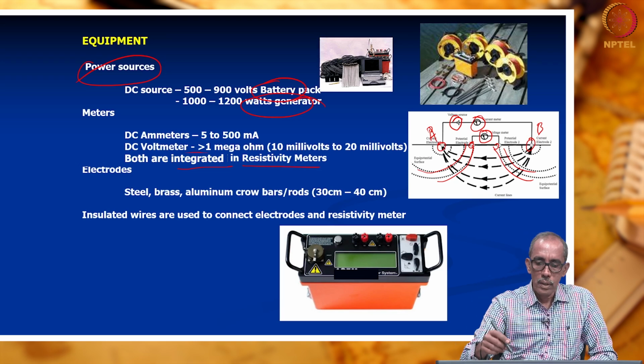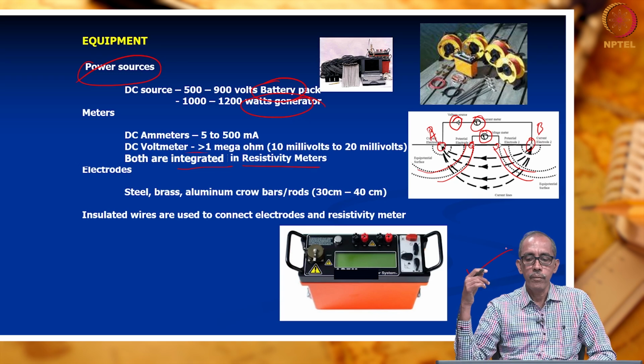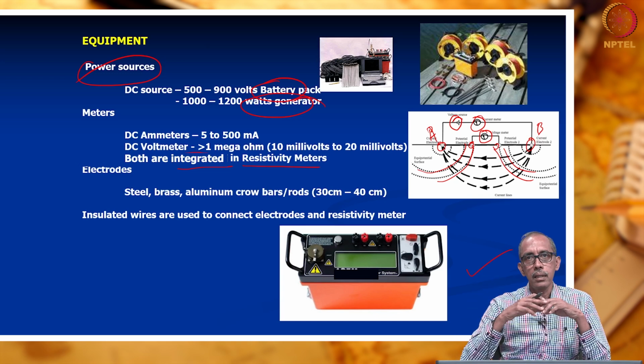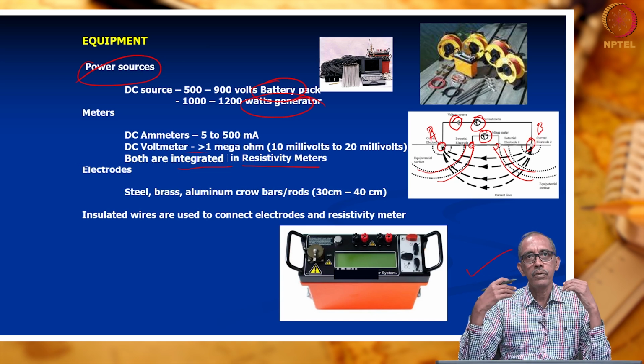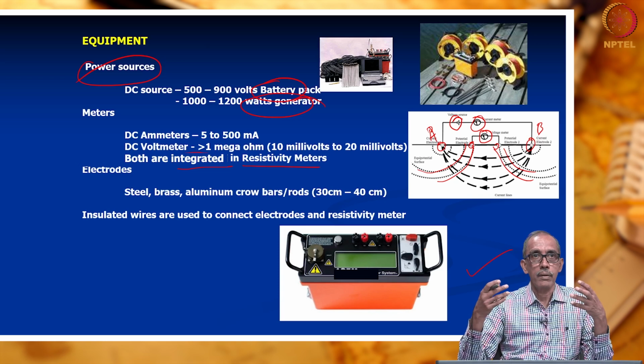You can see a picture of a very popular resistivity meter. In a resistivity meter, we literally don't know where the ammeter and where the voltmeter is. Both of them are combined, and the meter directly gives us the resistance or apparent resistivity.